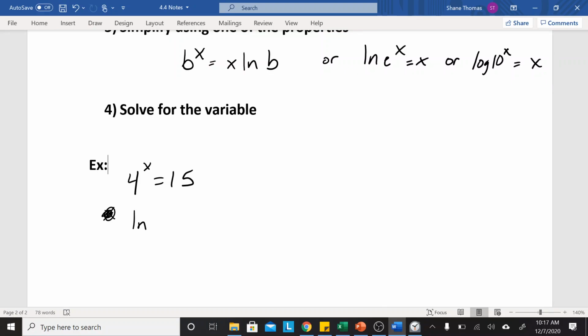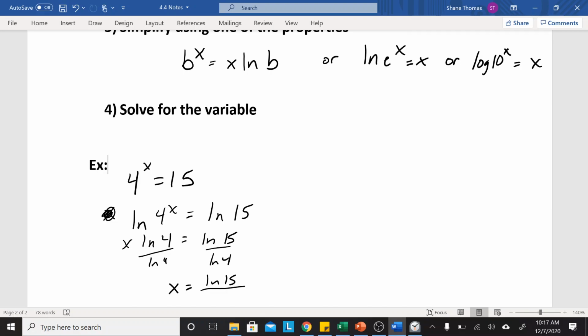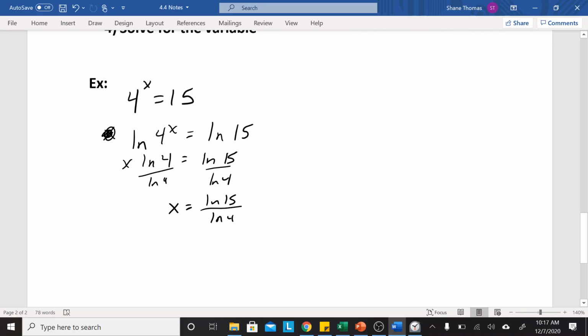So I'm going to apply the natural log to both sides. So I have the natural log of 4 to the x equals the natural log of 15. With that, I can bring that x out front. So I have x natural log of 4 equals the natural log of 15. Now I'm solving for x, so I can just divide both sides by the natural log of 4. So x is equal to the natural log of 15 over the natural log of 4.